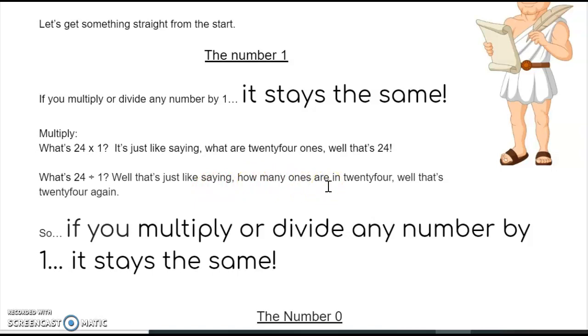That's 24 again. There's 24 ones in 24, isn't there? So, just to recap, if you multiply or divide any number by 1, it stays the same. That's it. We'll do some questions on that in a second.